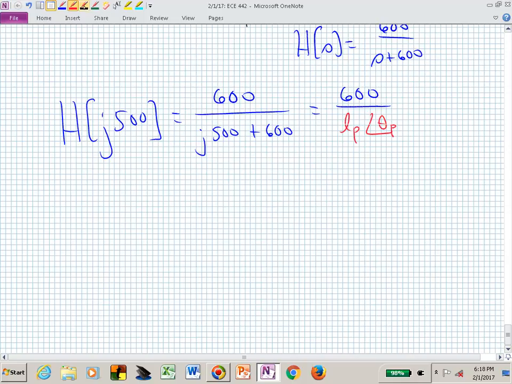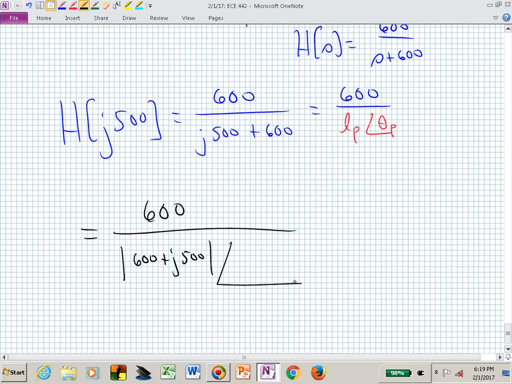Or we now have, in terms of h of j 500, 600 is easy. That's just 600 in polar form. But now we want the magnitude of 600 plus j 500, and we want the angle of that, which is the inverse tangent, or the angle that has a tangent of rise, 500 over run, which is 600.